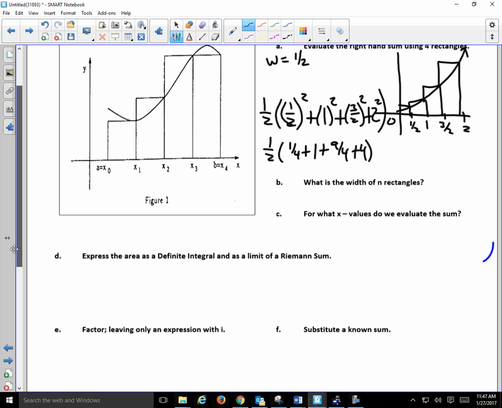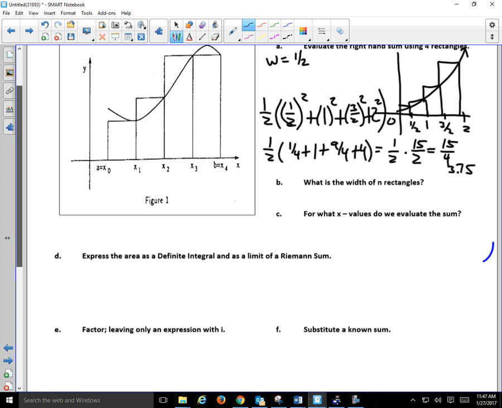So it'll be 15 halves. 1 half times 15 halves is equal to 15 over 4, 3.75. We've done that before, right? Okay. So let's not do 4. Let's do n and push n to infinity.